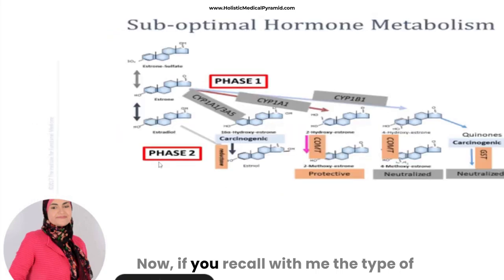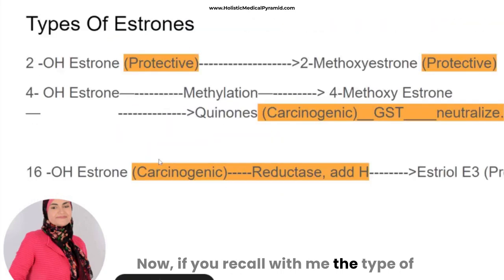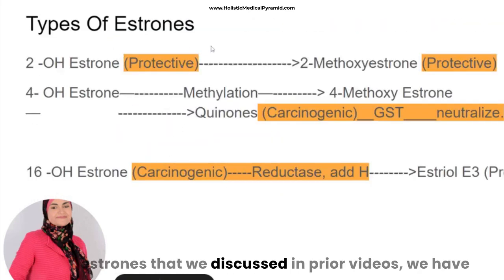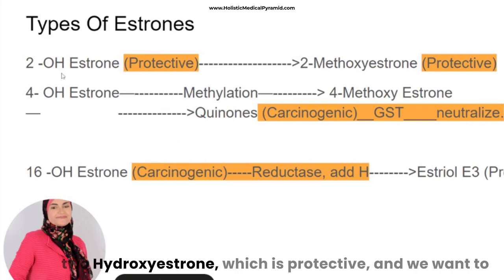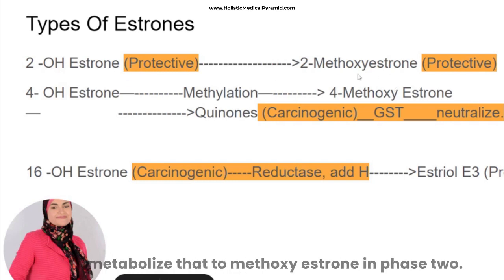Now, if you recall with me, the types of estrogens that we discussed in prior videos, we have 2-hydroxyestrone, which is protective, and we want to metabolize that to methoxyestrone in phase two.